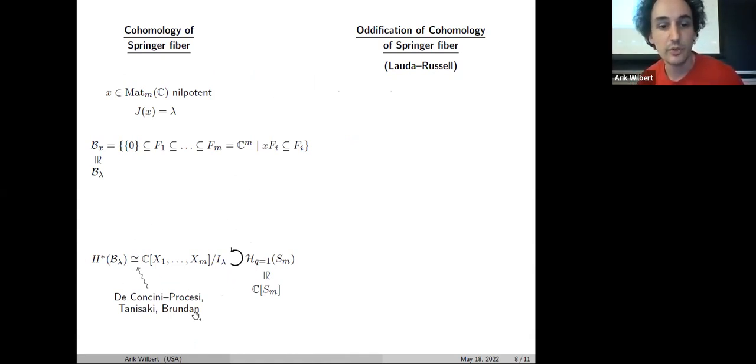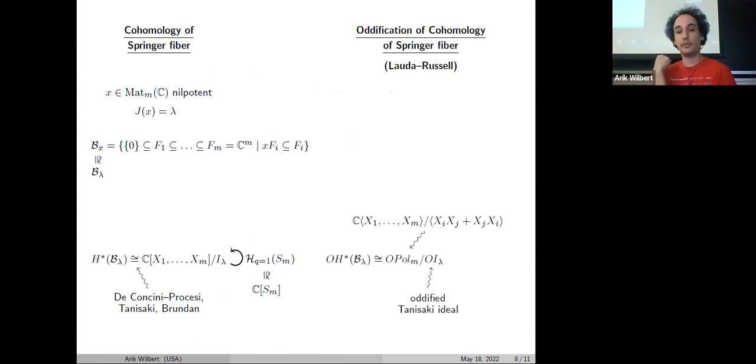Basically you look at the usual cohomology ring of the Springer fiber. And if you want to oddify this, what does that mean? Well, this oddified cohomology ring is essentially obtained like this. You take this polynomial ring in m variables, and you replace it by a free algebra in these generators x1 up to xm.